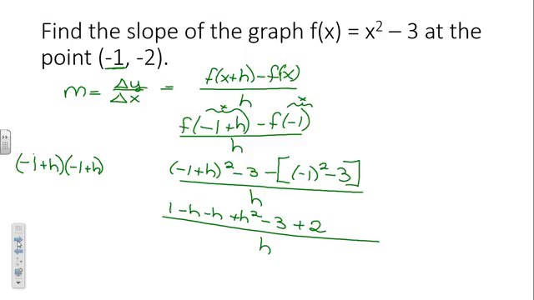Okay? So negative h and negative h is gone, right? Or negative 2h. Write this over here. So we'll have negative 3 plus 2 plus 1, 0. And we'll have an h squared minus 2h.